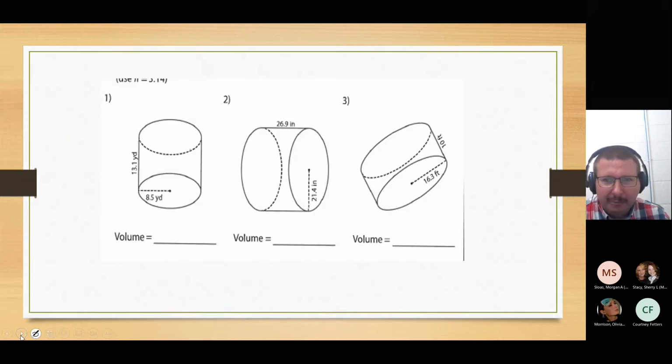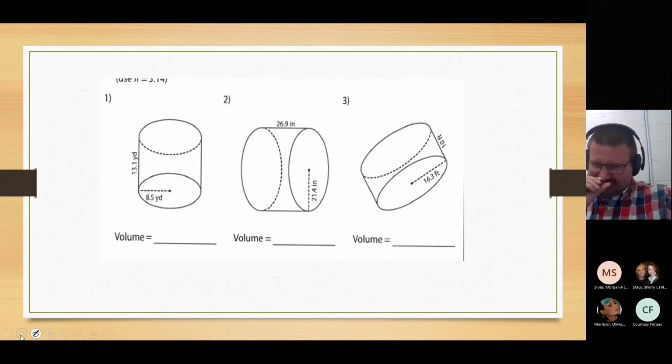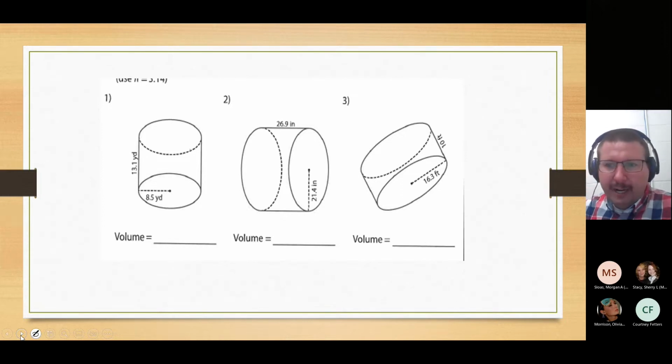So there are 3 examples in front of you, 1, 2, and 3. Remember, it's pi radius squared times height.